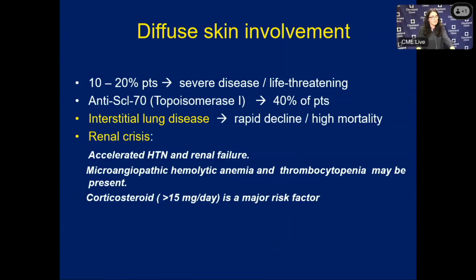And renal crisis, which is characterized by accelerated hypertension and renal failure. If a biopsy is done, that can show, as in the case that I presented, microangiopathic hemolytic anemia and thrombocytopenia are commonly present. And corticosteroids, especially doses above 15 milligrams a day, are the major risk factor for the development of renal crisis in scleroderma.